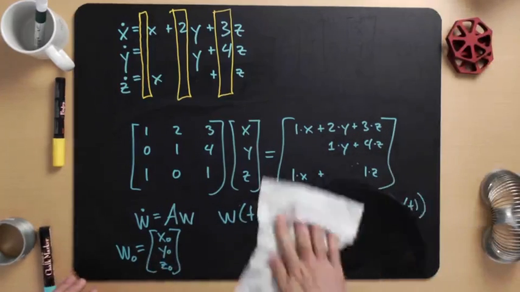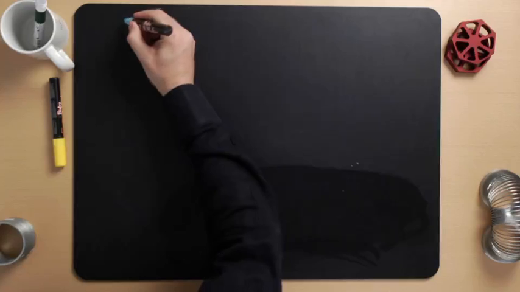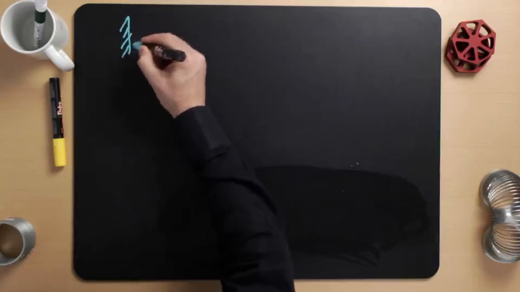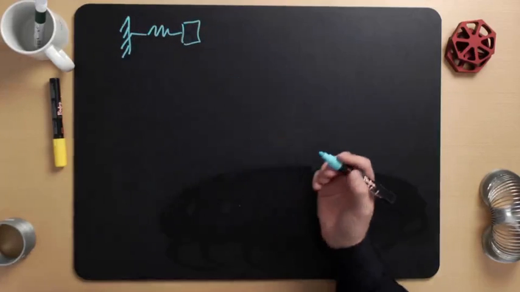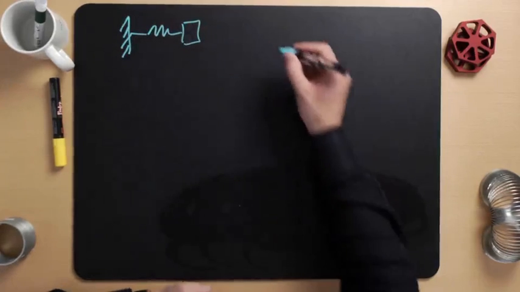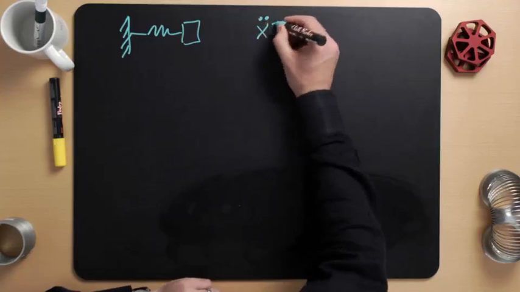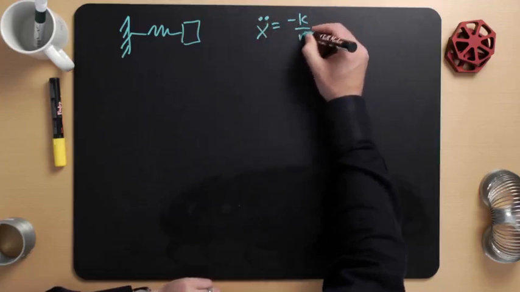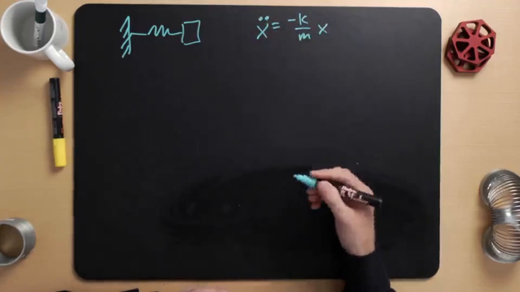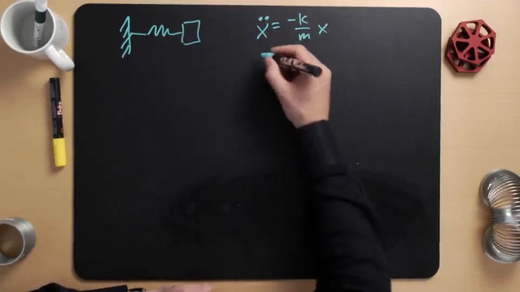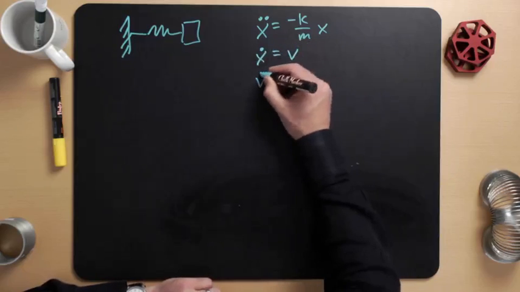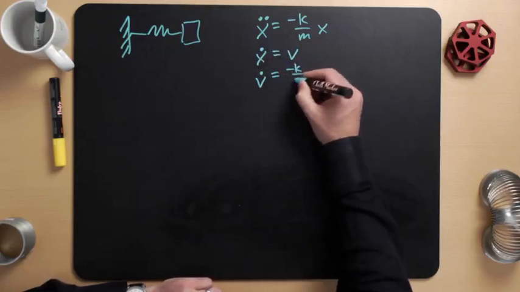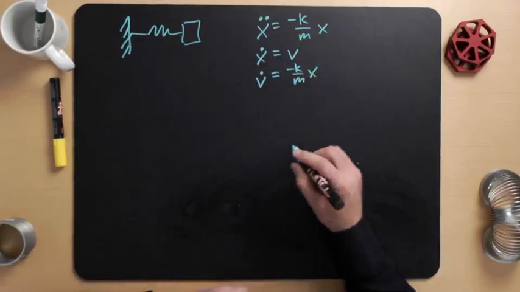As an example, let's look at the vector and matrix notation for a spring mass system. Here we have a wall, we have a spring, and a mass. We know from lecture 7 that we get a second order differential equation. X double dot is equal to minus k over m times x. And we can rewrite that in first order notation as x dot is equal to v, and v dot is equal to minus k over m x.